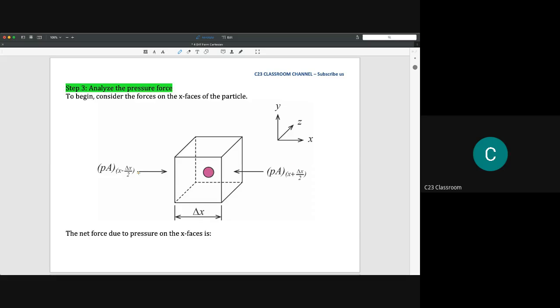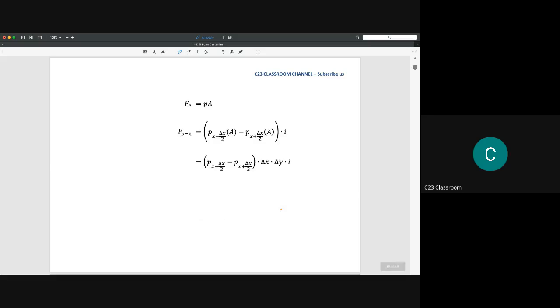And the idea of having two forces act from left to right for this one and right to left for this one is to get the equilibrium condition. I simplified this one because I'm not showing you the full calculation. The main idea is to understand how the Navier-Stokes equation is developed.